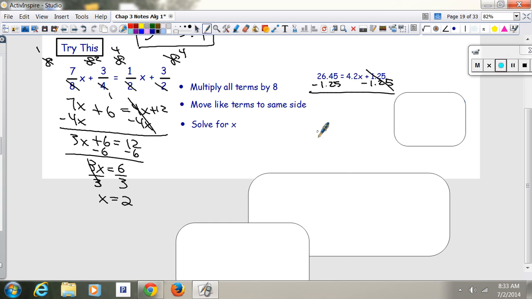You get 25.20 or 25.2 equals 4.2x. And then divide by 4.2. So take that 25.2 that you already have there and divide it by 4.2. And you get x equals 6.